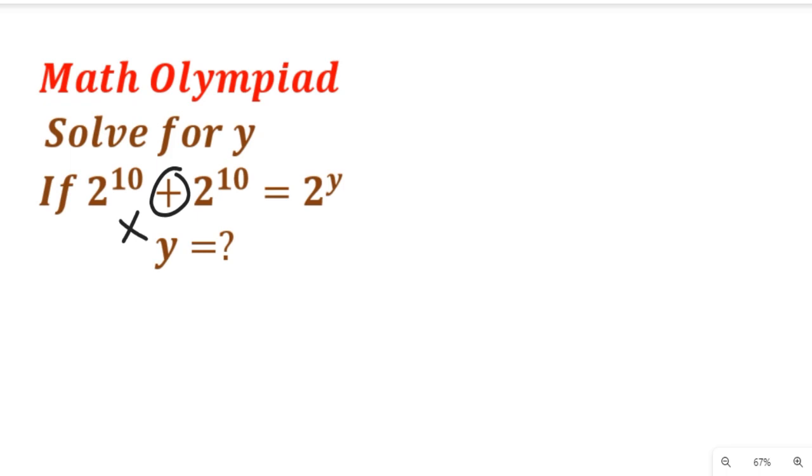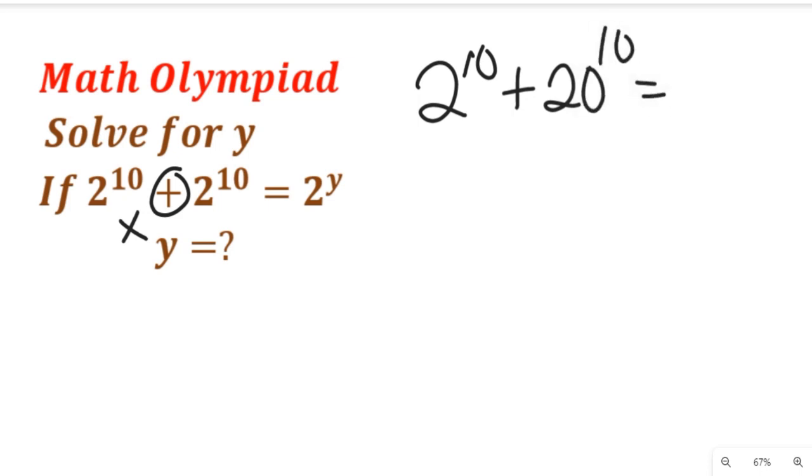Now, to solve this math Olympiad question, we have to apply some logic. Let's see how we can solve that question. We will have 2 to the power of 10 plus 2 to the power of 10, and this is equal to 2 to the power of y. Now, 2 to the power of 10 is common.